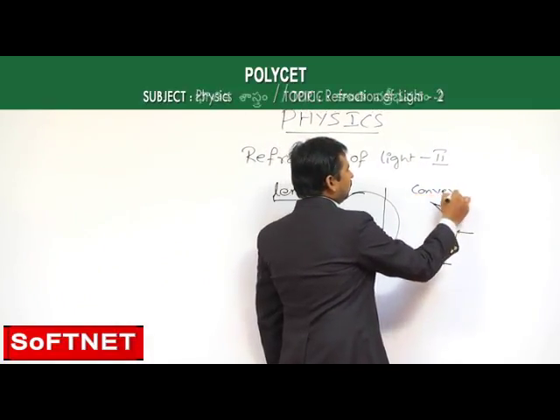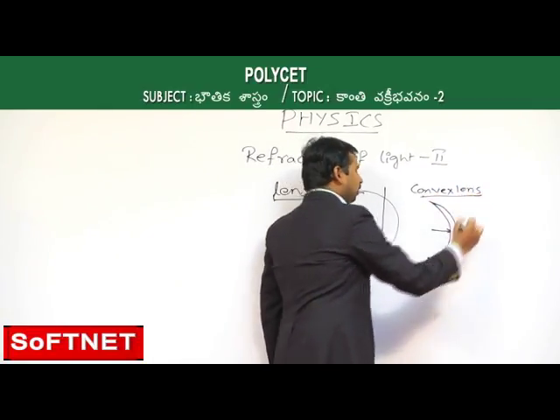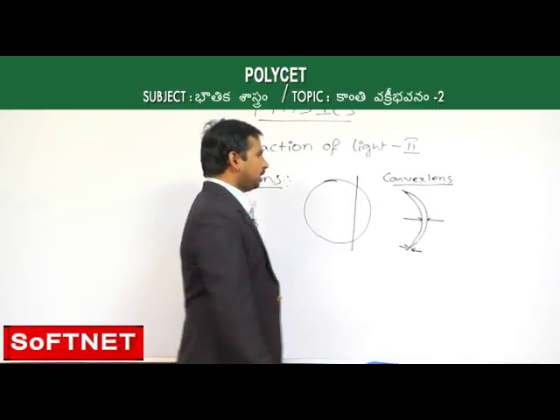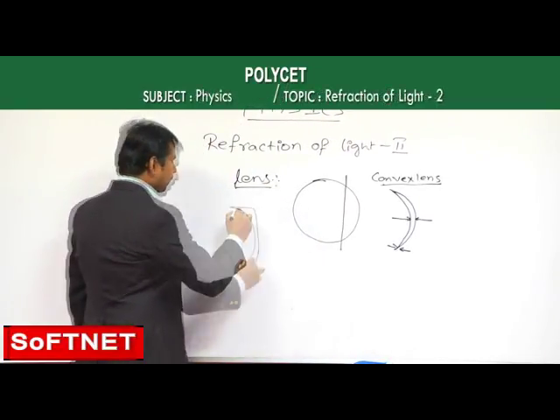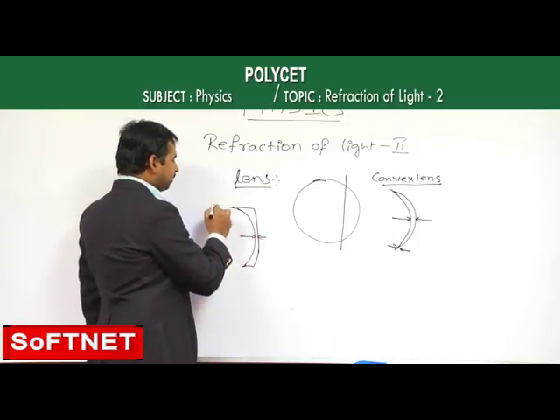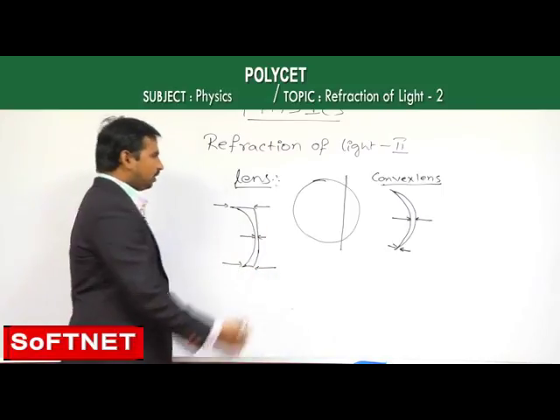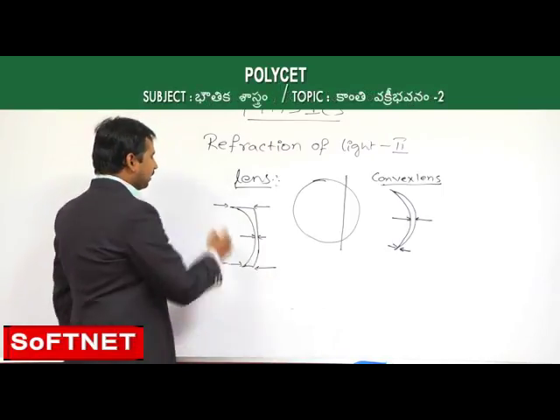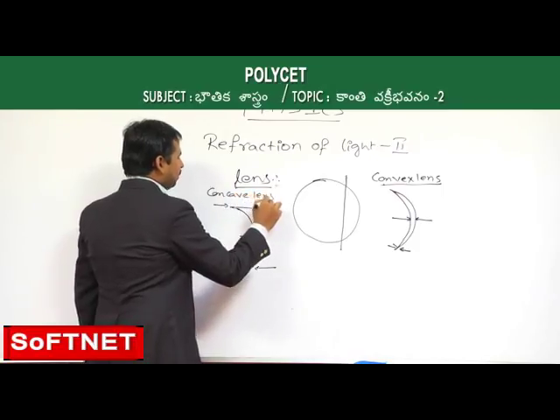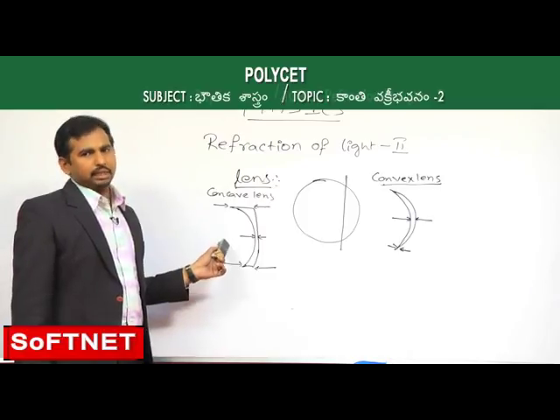Now, if we take the lens such that the thickness is less in the middle, whereas the thickness is more at the edge, this type of lens we call a concave lens. This is a convex lens and this is a concave lens.